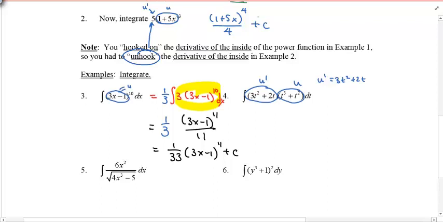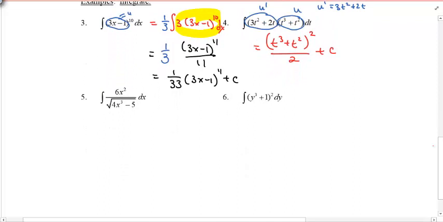So I can just quickly do the general power rule antiderivative. So I'll take my u function, I'll raise it to the power of 1 plus 1, which is 2, and I'll divide that by 2 and plus c. And there's your answer. Now you can always double check these by just taking your answer and taking the derivative. Don't forget to use chain rule, and you should get what we started with.